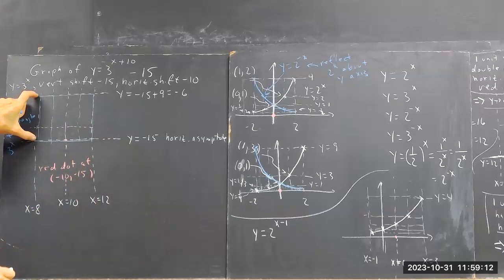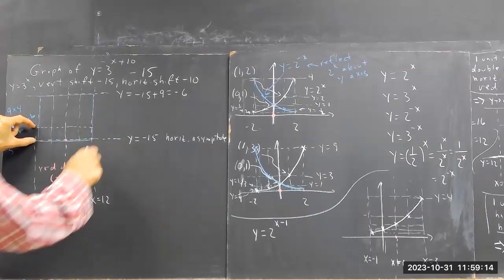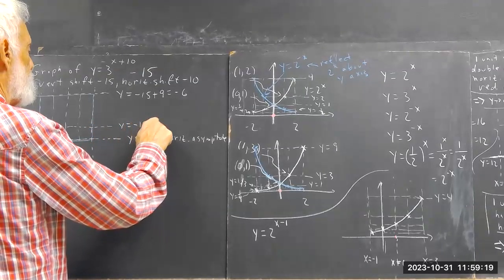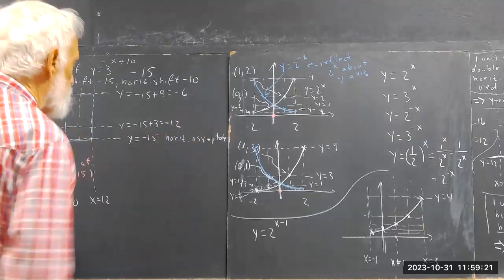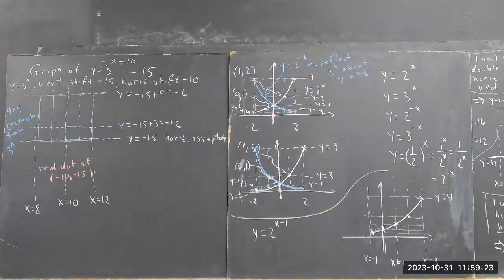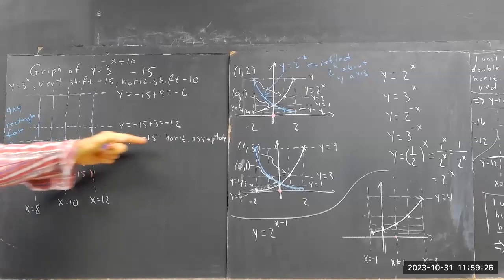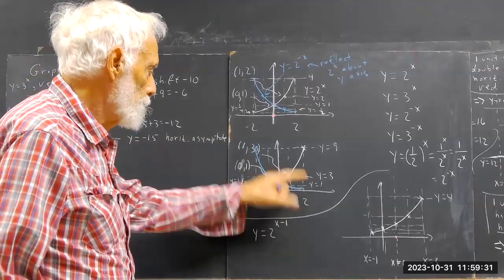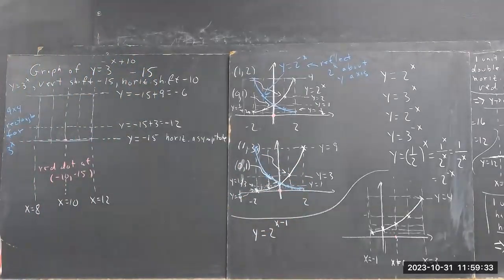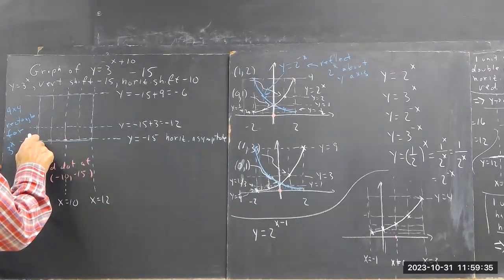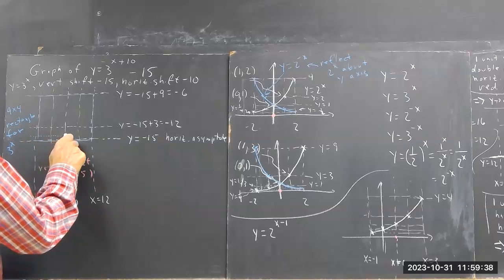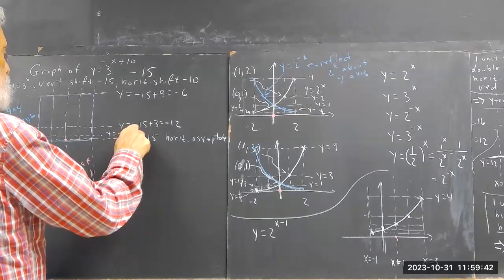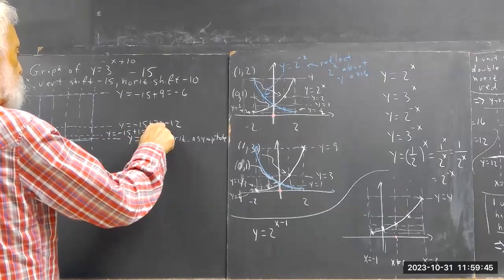So if this is 9, this distance is 3, and this would be negative 15 plus 3, or negative 12. 3 units above the asymptote. Just like this graph, this line is 3 units above the x-axis. And then we go 3 times that close, and we get y equals negative 15 plus 1, which equals negative 14.